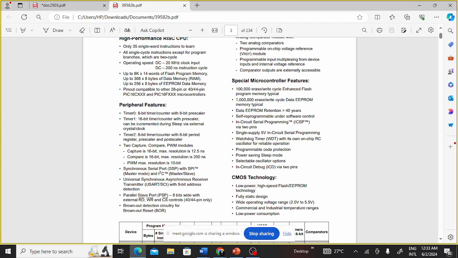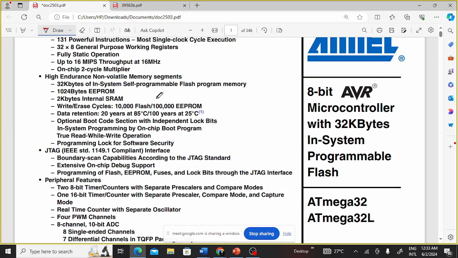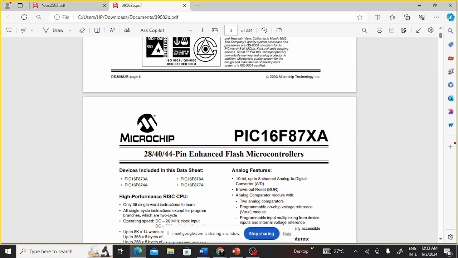Doesn't mean that you will not see PICs that are better than this ATMEGA in the market. You understand? So for the purpose of this class, we are using PIC16F877A, and we are using ATMEGA32. So I'm comparing those 2 products side by side.